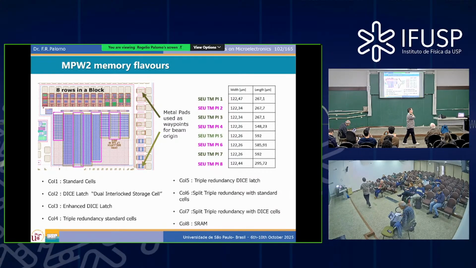You are hitting them with a beam of around 50,000 carbon ions per second. So we choose that high flux to test the DICEs because for turning a bit flip in a DICE, remember, you need almost two almost simultaneous hits. So the flux has to be huge.